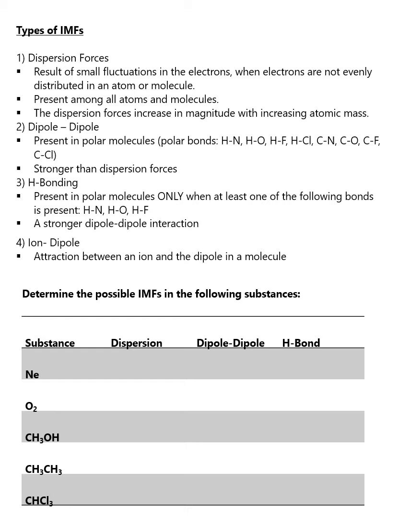So when you have types of bonds like the ones listed here, hydrogen with nitrogen, hydrogen with oxygen, hydrogen with fluorine, hydrogen with chlorine, the difference in electronegativity between these atoms in your chemical bonds is large enough for you to have displacement of the electrons.